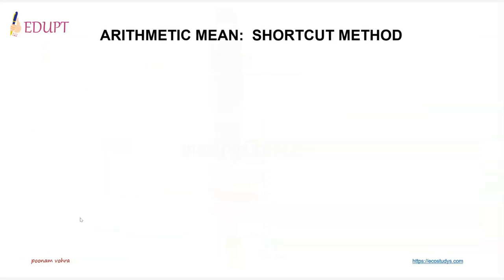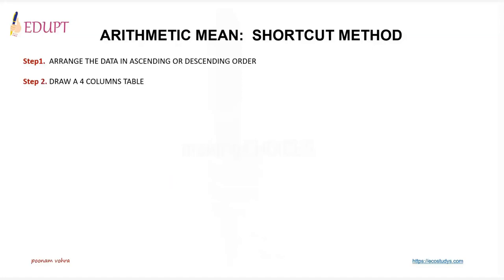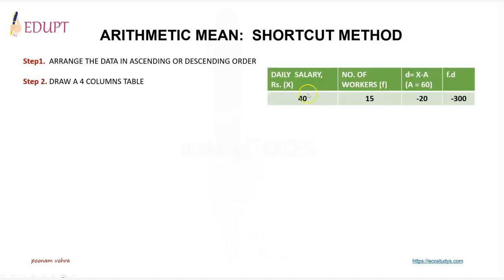Now let's understand the shortcut method of finding arithmetic mean. And we begin with its steps. Shortcut method is useful when data values are large numbers. So step 1 is to arrange the data in ascending or descending order. Then you need to draw a 4-column table as is shown here.